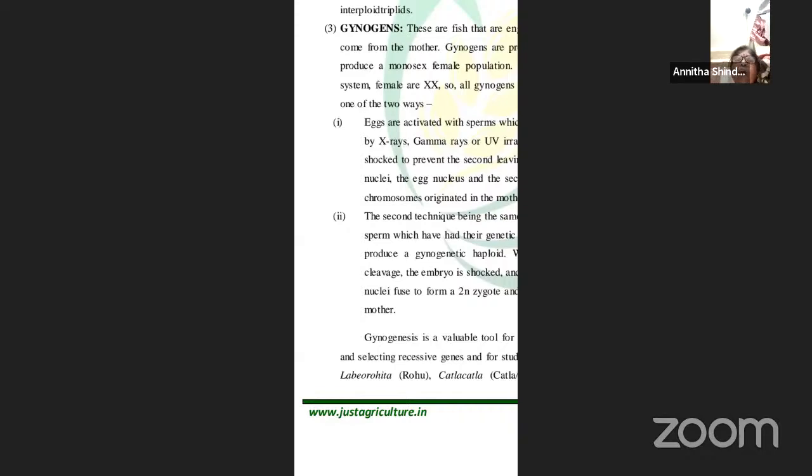What they mean is, when you are damaging and inactivating the sperms, there is no question of chromosomes coming from the father. So whatever chromosomes the eggs have will be from the mother only.